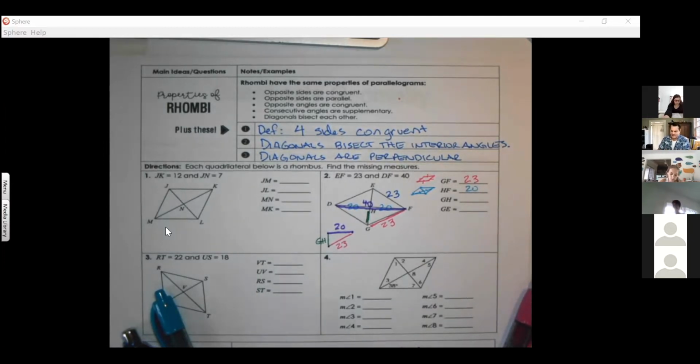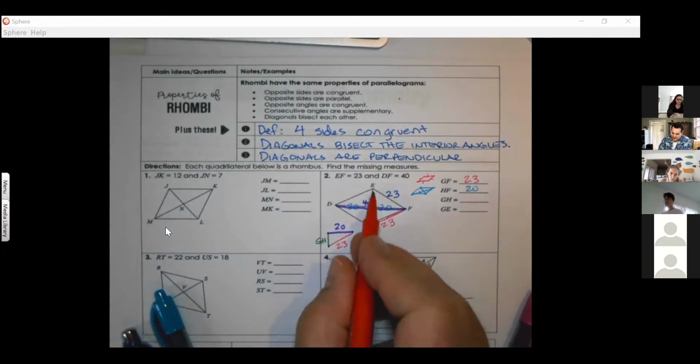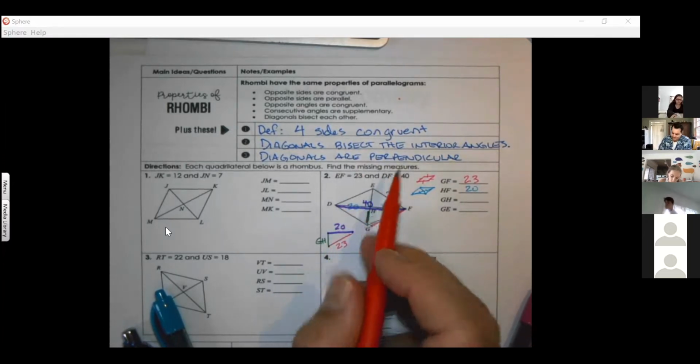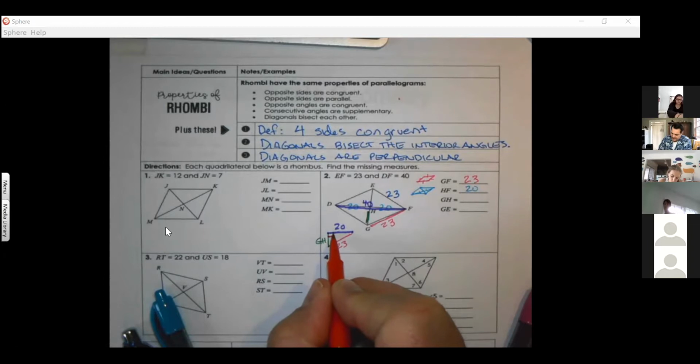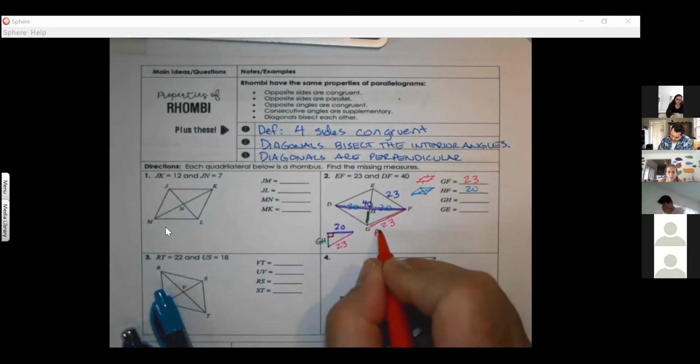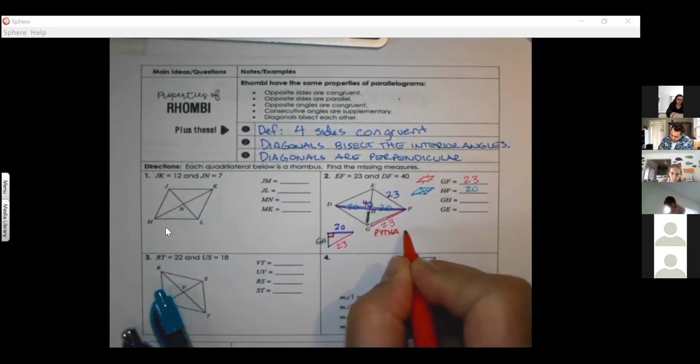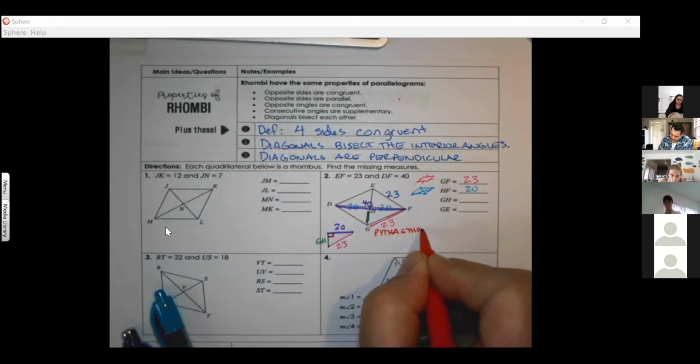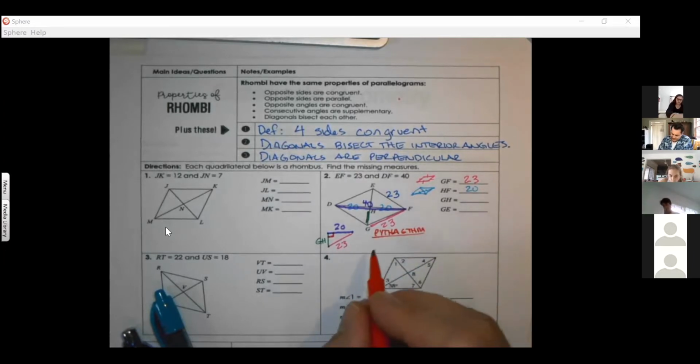There's one more piece to this picture that I just drew here. We know that the diagonals are now perpendicular, which means I can put a little right angle in there. And once I get a right angle, I can use Pythagorean theorem. There's a lot of that in this particular sheet, by the way.